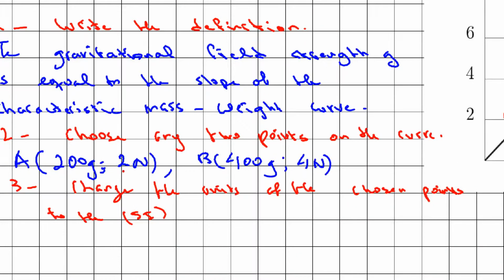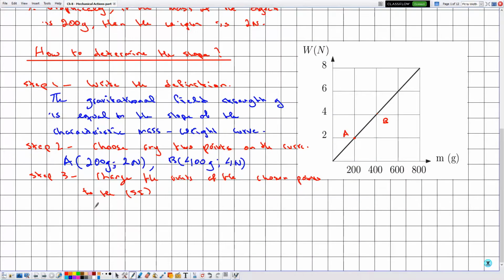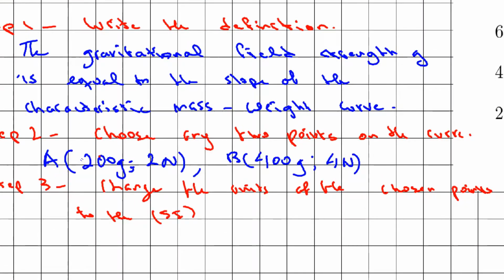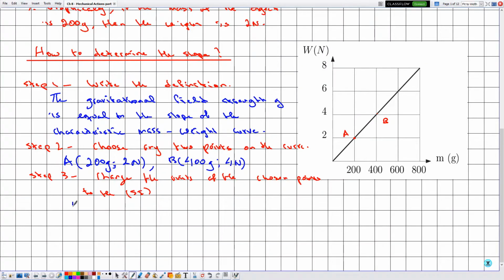In this case, the newtons are in the SI, but we need to convert the grams to the SI because the SI unit of mass is kilograms. Then in order to convert from grams to kilograms, we need to divide by 1000. Then 200 divided by 1000 is given by 0.2. And 400 divided by 1000 is given by 0.4.